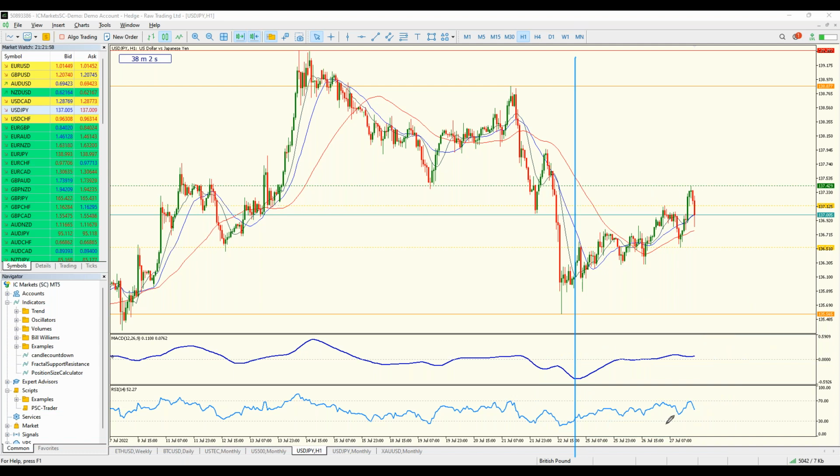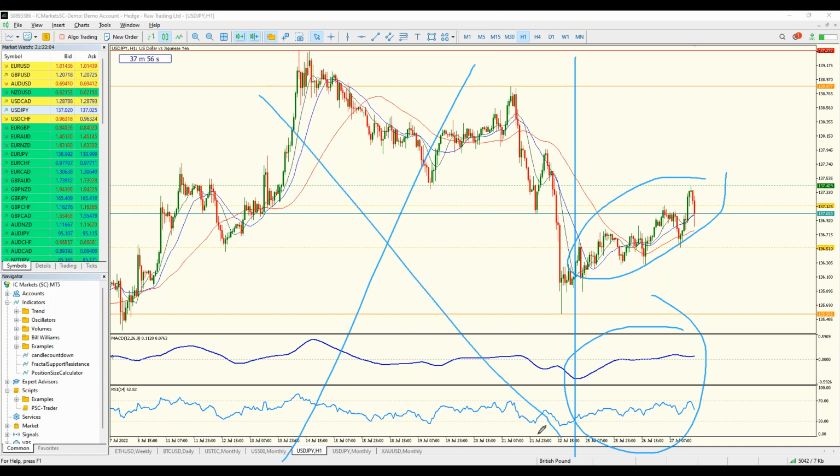I'm only really concerned with what's happening here because this is fresh. Anything beyond that is not really that relevant because the market will go from trending upwards, to trending downwards, to sideways, all kinds of different things. And I want to make sure that the current signals I'm getting and the current price action, because I'm going to get into a trade here, are in agreement.